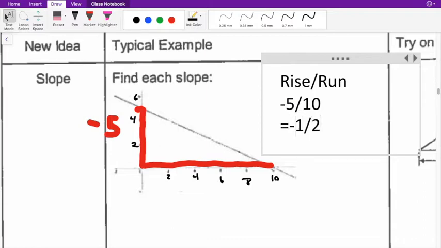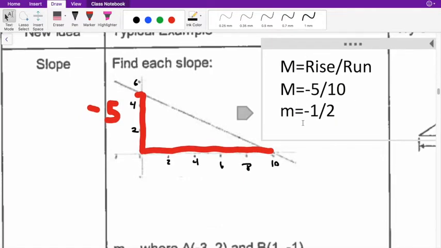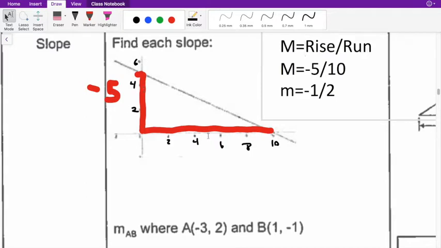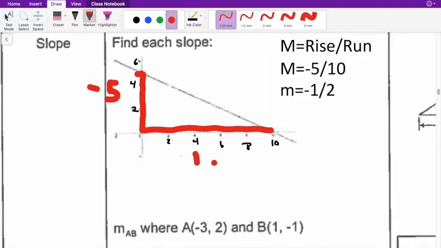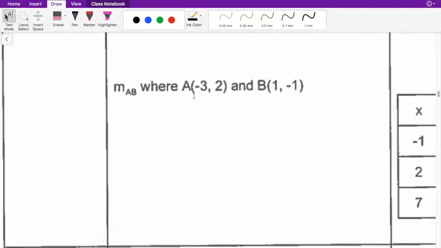So therefore our slope, remember our slope is m, not capital M, it just likes to capitalize stuff. So that's how we do slope on a graph, rise over run. Let's just put 10 down there to make it copacetic. Now, if we take a look here, we have 2 points to find the slope of.